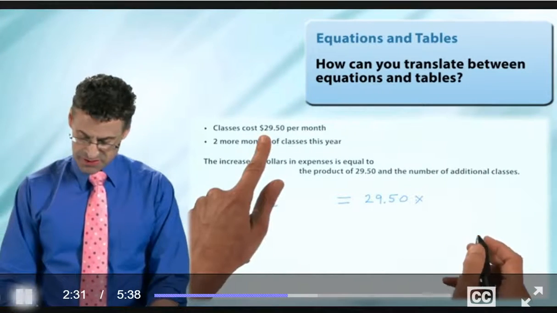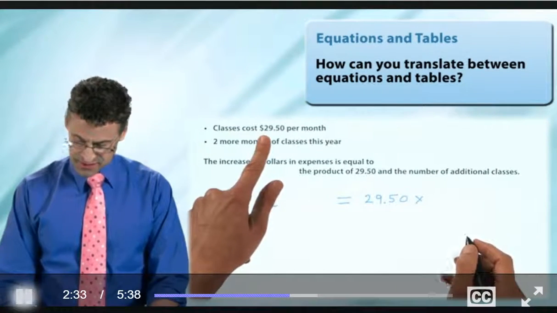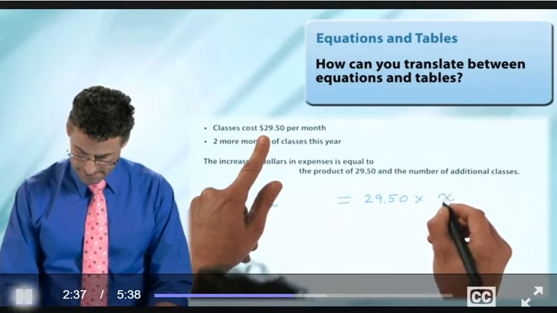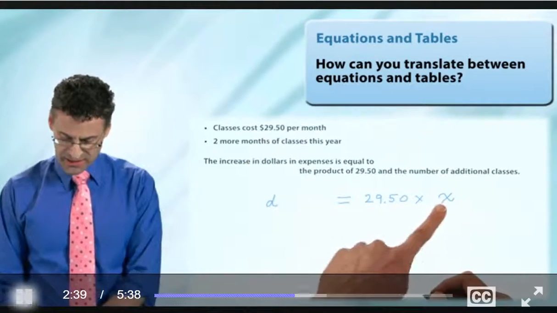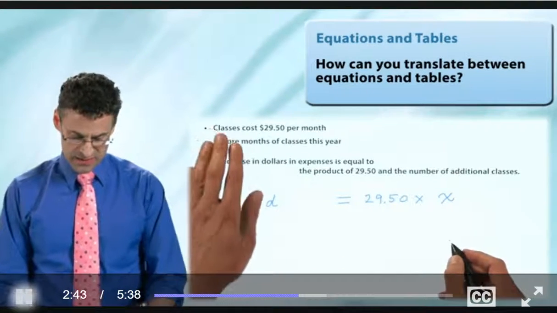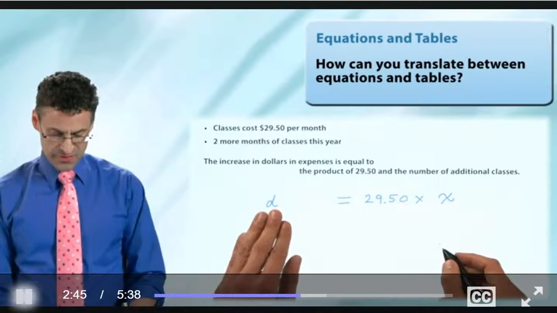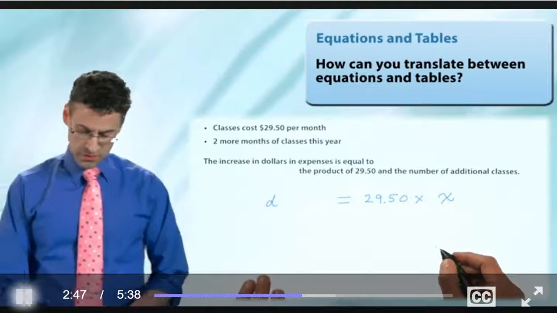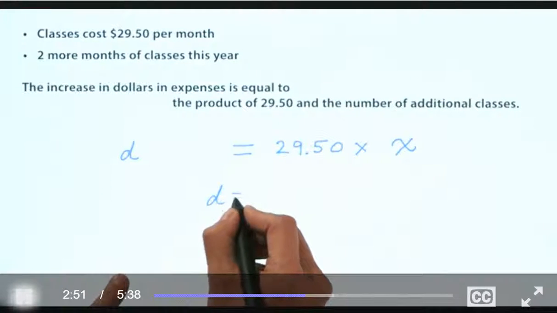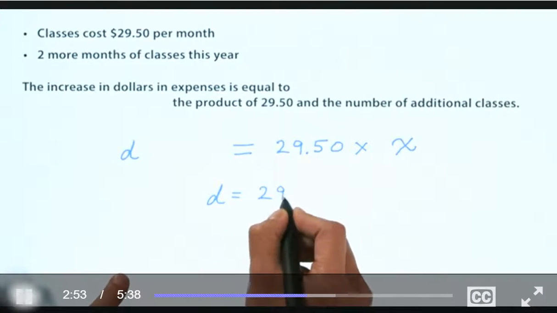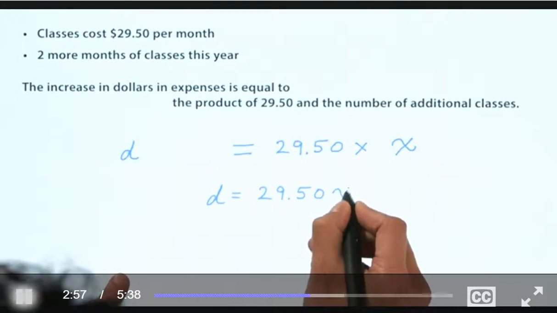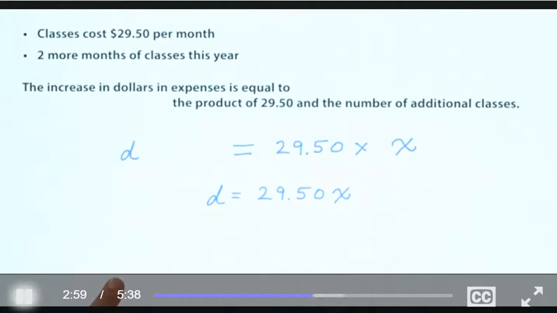So let's call it X. So X is going to represent the number of additional classes, and D is going to represent the dollars that are required. So now we can actually write this as D equals 29.5 times X. Don't have to write the times sign in there anymore.